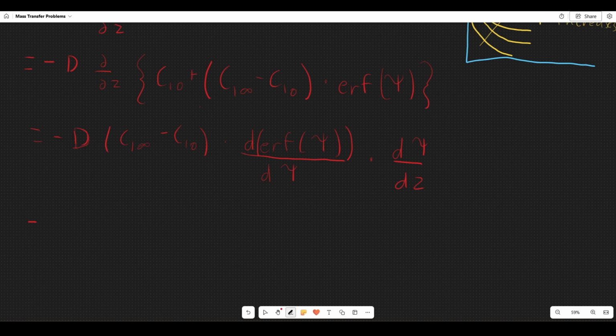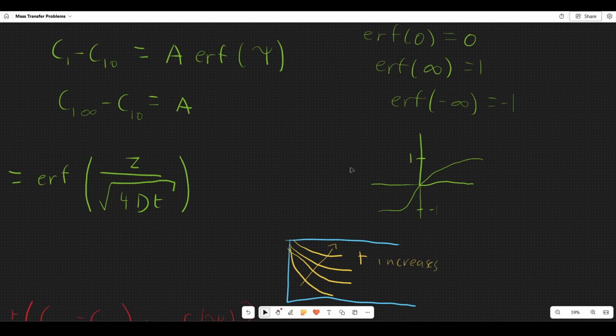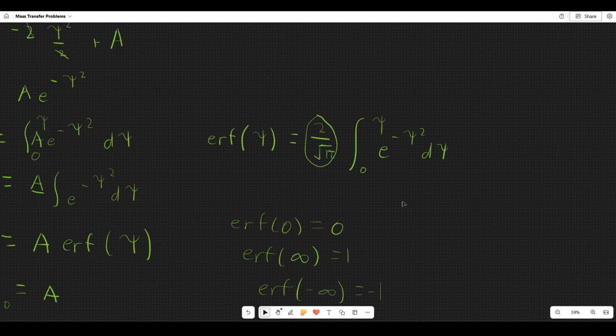And so what that equals is the derivative times c1 naught minus c1 infinity. You might be asking, okay, well, you swapped it around. I just didn't want this negative, so I took the negative inside the parentheses. Times, remember the error function was defined as 2 over root pi times the integral of e to the minus psi squared d psi.